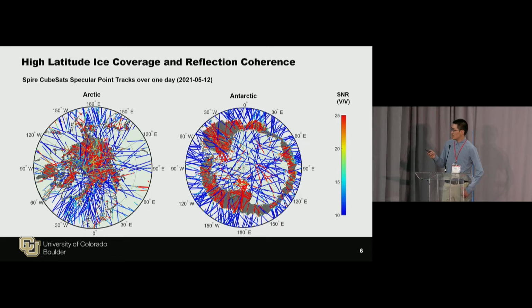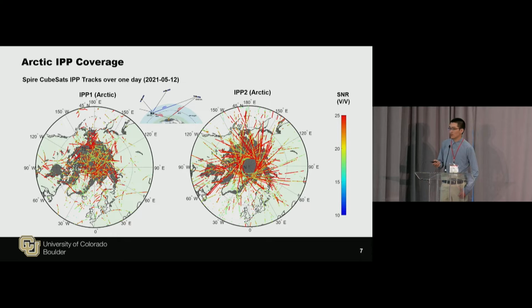And the color of these tracks represent the signal-to-noise ratio, and only the high signal-to-noise ratio measurements can be used for the ionosphere observation. And the objective is to observe the ionosphere, so we don't care where the signal was reflected. So it's more important to look at the ionosphere coverage.